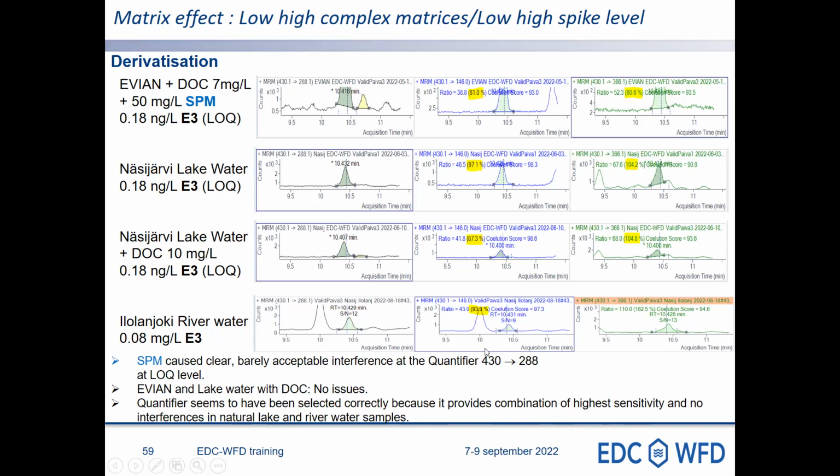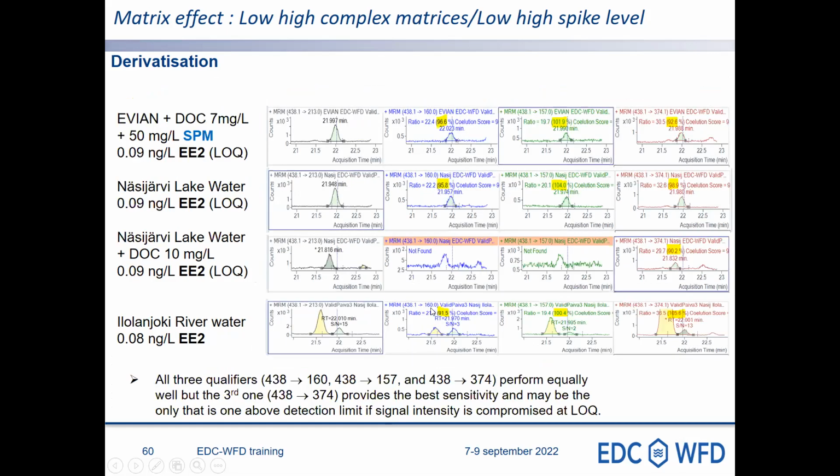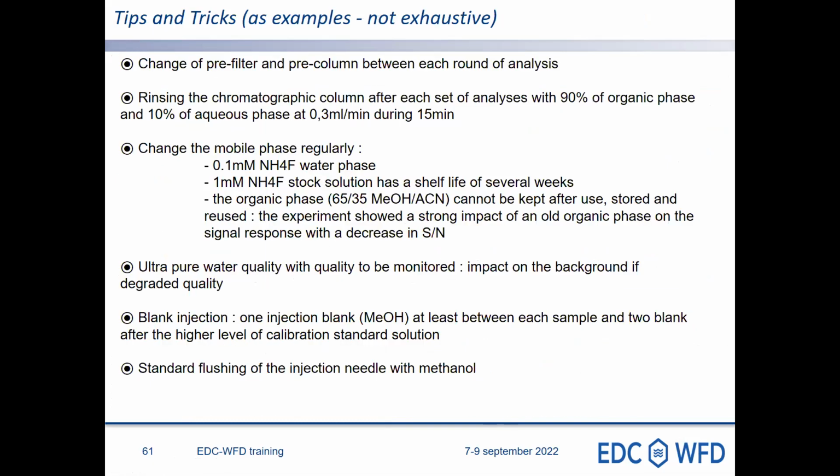So this strategy is also a relevant one to improve the sensitivity if needed. And here we have some more examples on ethinylestradiol, showing you that it matches. It's okay also.